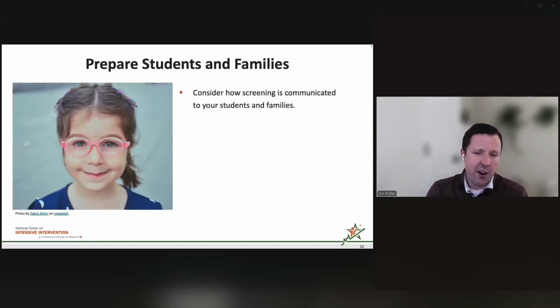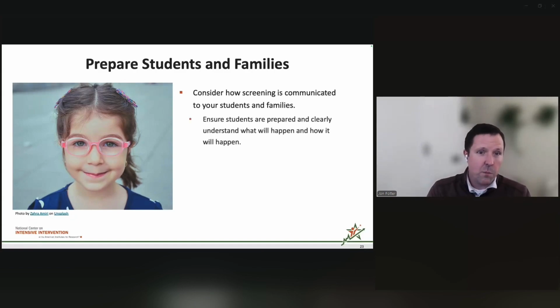And then make sure you're preparing your students and families for what it's going to be like. So how do you communicate what screening is? Again, communicating it's not a high stakes assessment. We're just trying to hear these kids read in the best way possible and show their best selves in terms of their literacy skills. And so we want to make sure kids come to school prepared and clearly understand what's going to happen and how it's going to happen.